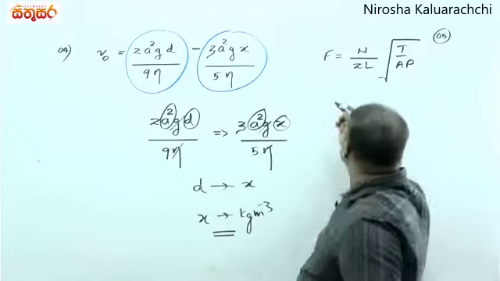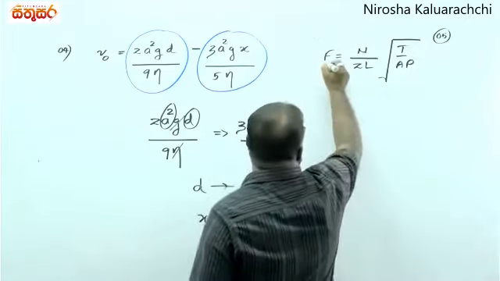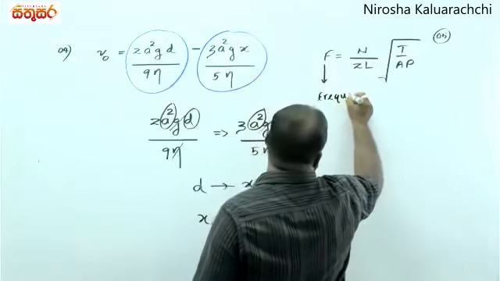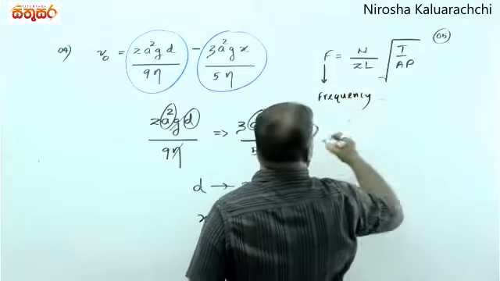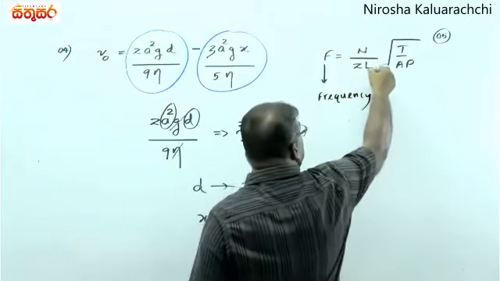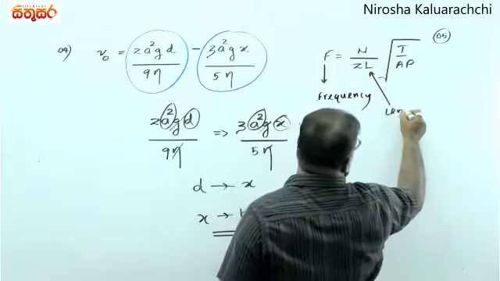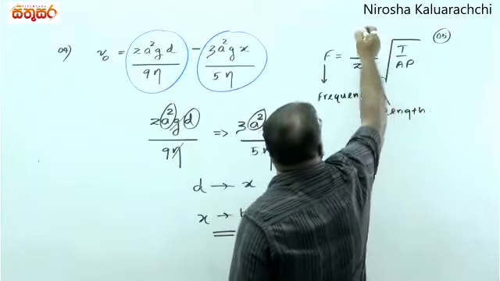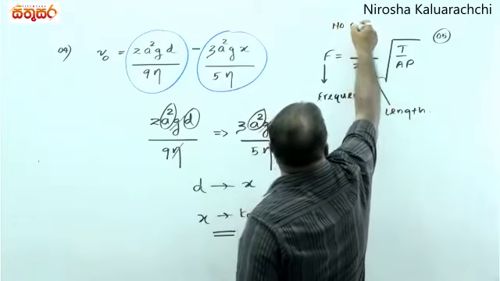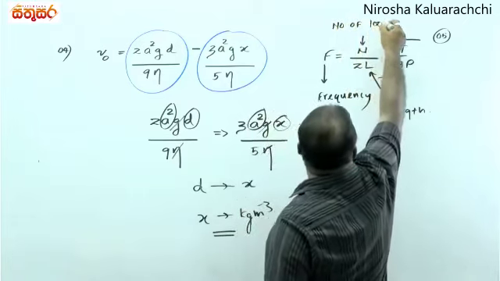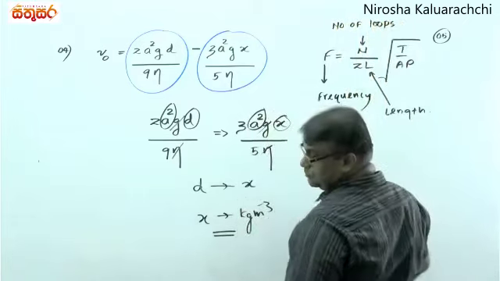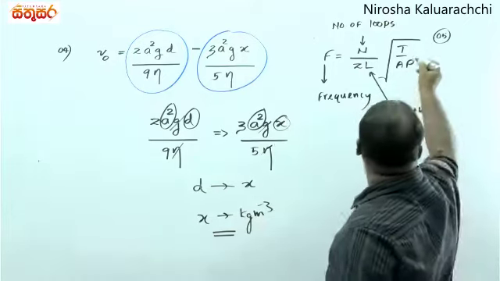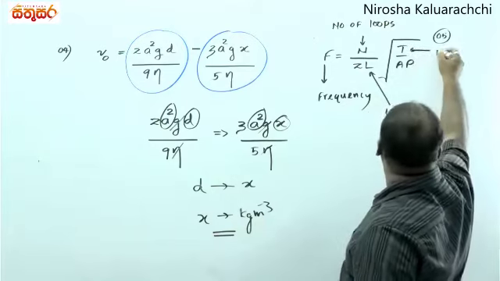Where f is frequency, L is length, N is the number of loops on the string, T is tension.